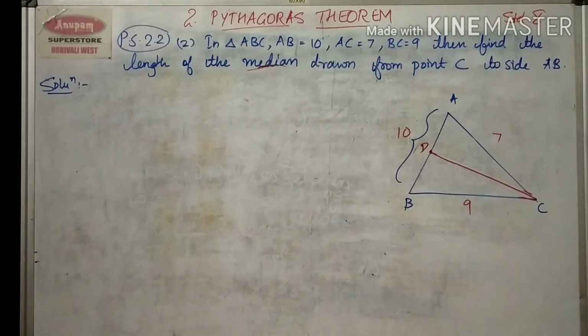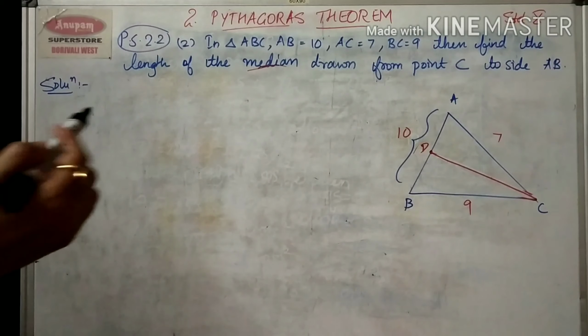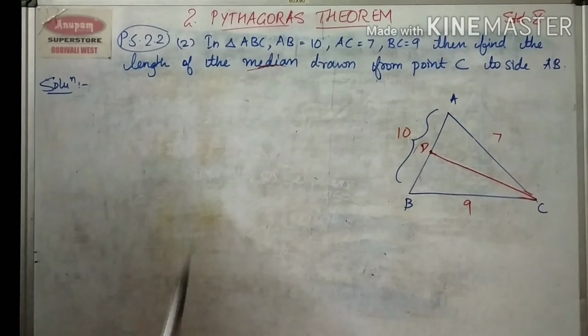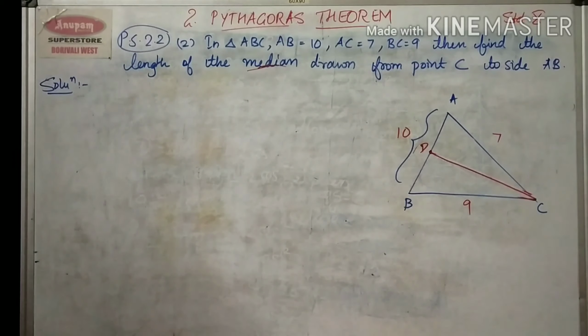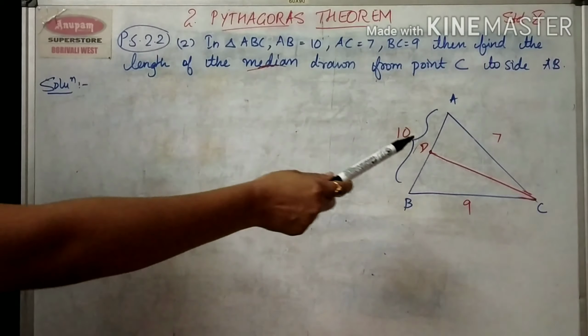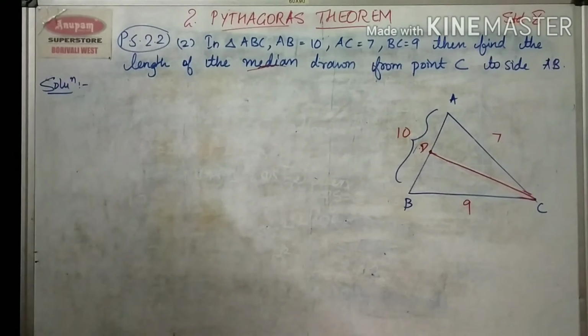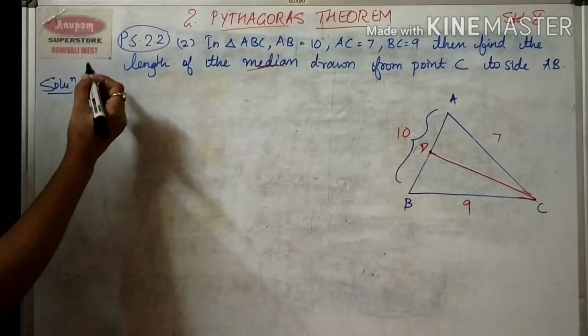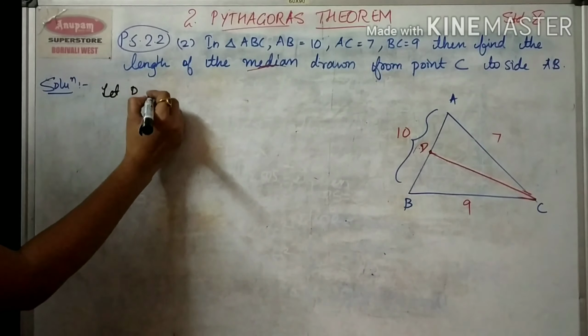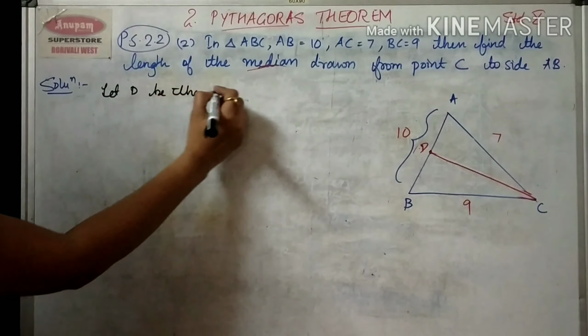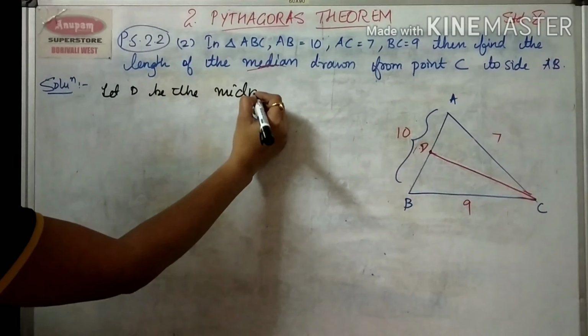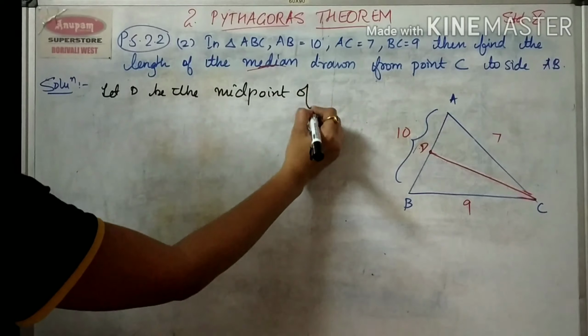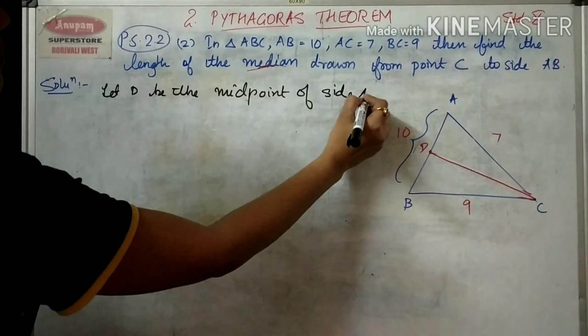When we start writing a solution, children, we first have to describe the figure. So in triangle ABC, AB, AC and BC are already given to us. But we have drawn D on our own. So we'll first write down, let D be the midpoint of side AB.